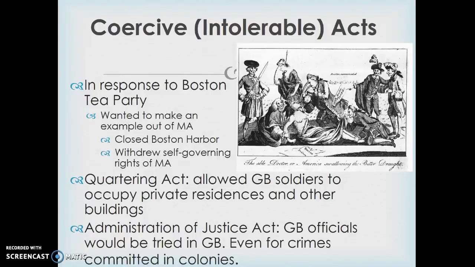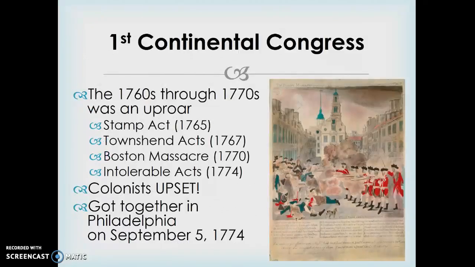They have the Administration of Justice Act, where British officials would be tried in Great Britain, even for crimes committed in the colonies, so you could be extradited to Britain for boycotting or protesting or doing smuggling, which would take months, and the conditions that they probably have you in to transport you back and forth as a prisoner aren't very good, so there's a high likelihood of dying.